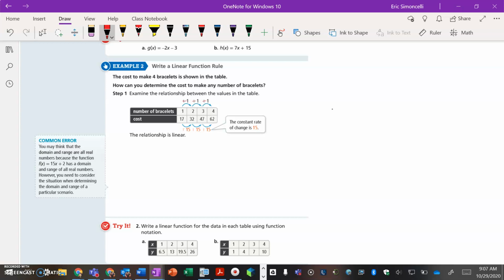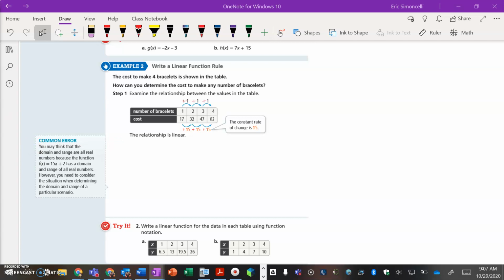It appears, as you can see, 17, 32, 47, and so on, 62. The constant rate, in other words, the rate of change that this is going up at, or the slope, you can also argue, is simply 15. The relationship, therefore, is linear.